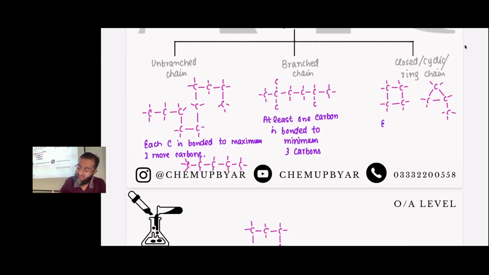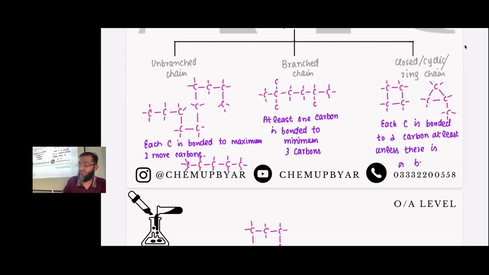Each carbon is bonded to at least two carbons, unless there is a branch.